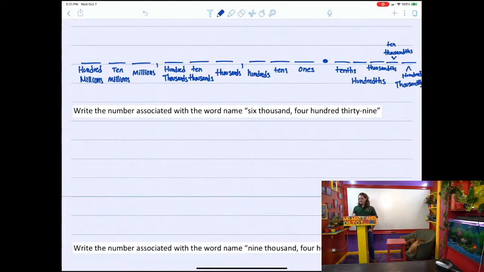Okay, so if we have 6,439, we're going to have 6, notice the comma right there, 6, comma, 439.